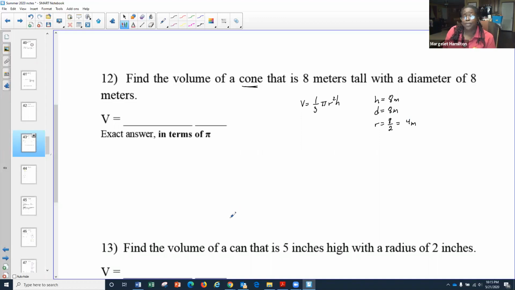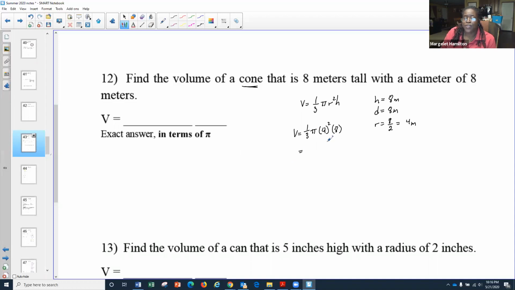Now let's go ahead and plug it in. So we have volume equals 1/3 pi. Here's the plug-in of the radius. Remember that value. So we have 4 raised to the 2nd times the height, which is 8. Then we can go ahead and evaluate.